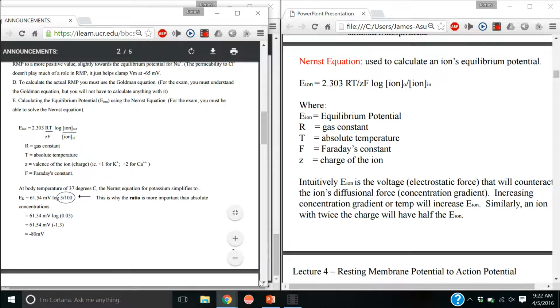And one of the things in the course that I try to do is minimize the math as much as possible. But for those of you that are neuroscience majors and are going to go on to take cell biology or neuroscience 120, the Nernst equation is foundational for a bunch of other mathematical things that we need to do.